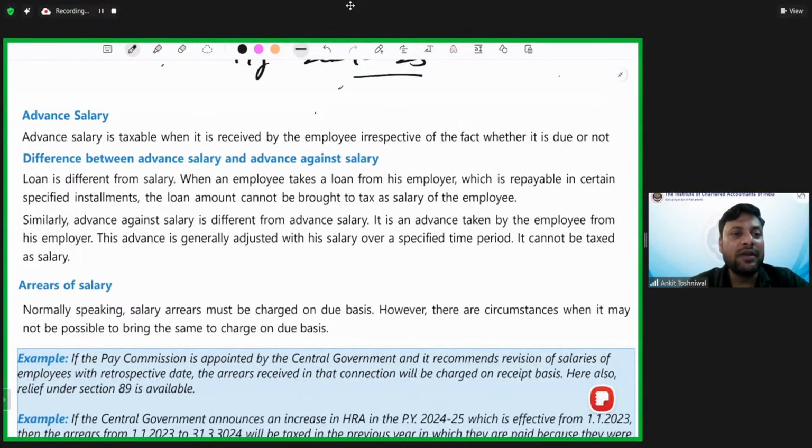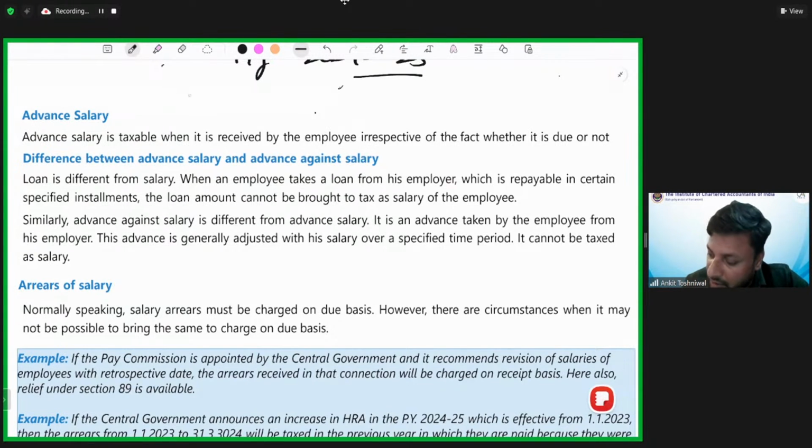Next, advance salary we already discussed. There is a difference between advance salary and advance against salary. So what is the difference? Advance against salary: if an employee gets an advance against the salary, then it will be adjusted from the future salary. Correct?